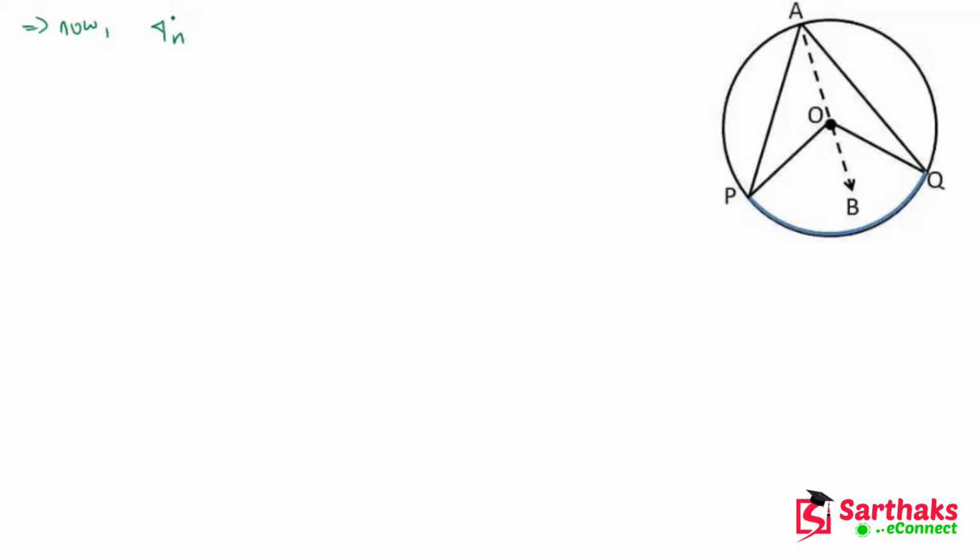Now in triangle AQO, meaning this triangle, again we know that OQ is equal to OA, this is the radius. And angle OQA, meaning this angle, is equal to angle OAQ, meaning this angle.